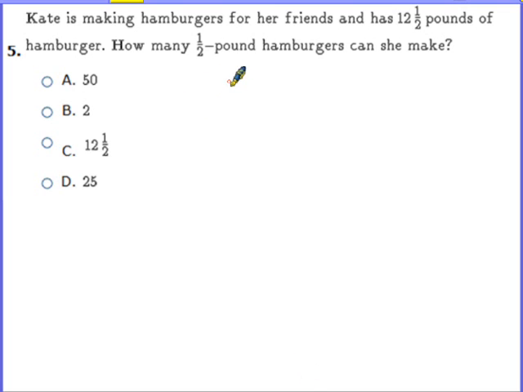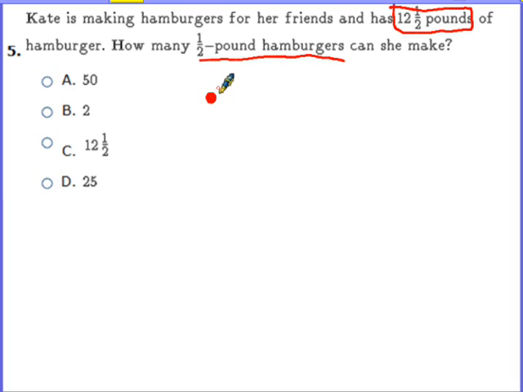I'm going to change my color to red. So, she has 12.5 pounds of hamburger. Alright? And she wants to know how many half-pound hamburgers that she can make. So, this is what I'm thinking. I'm going to make a little hamburger like this.